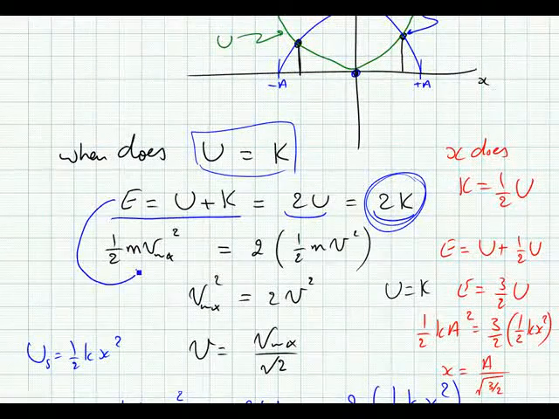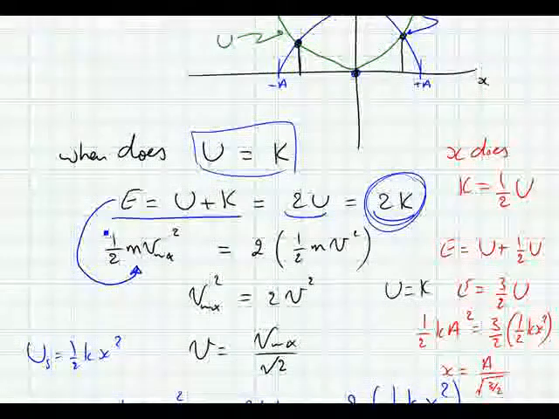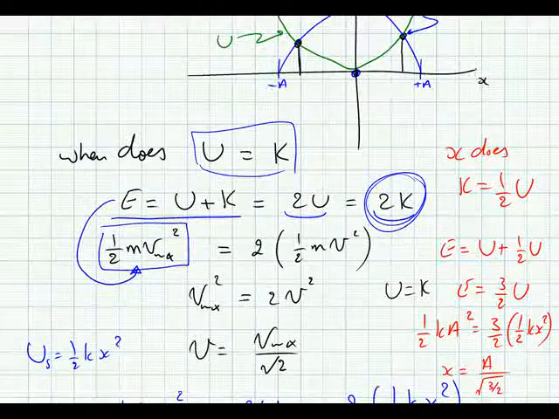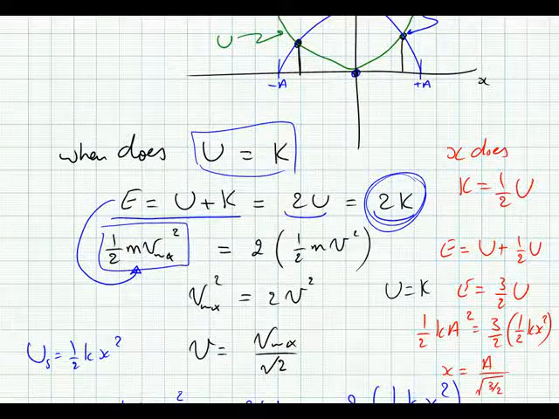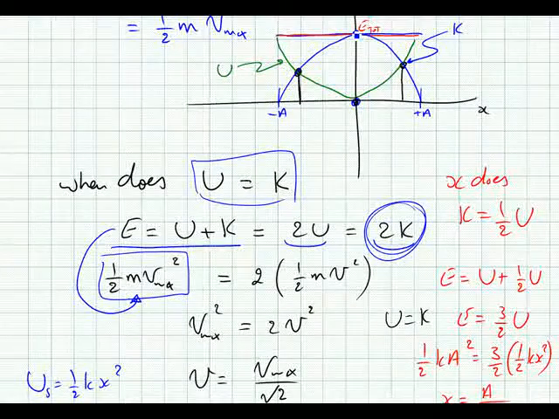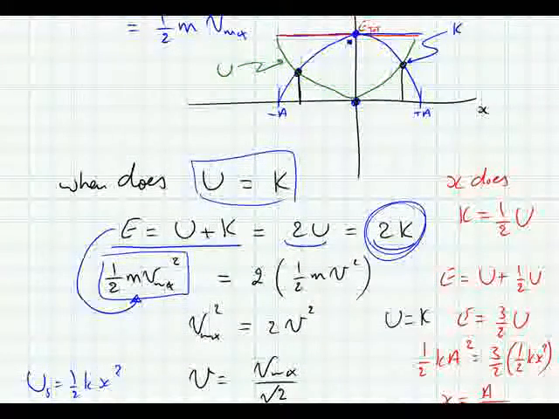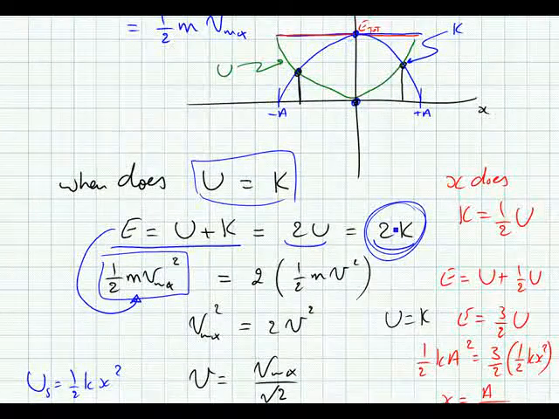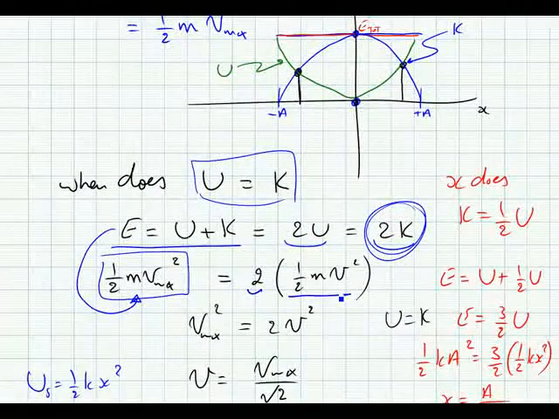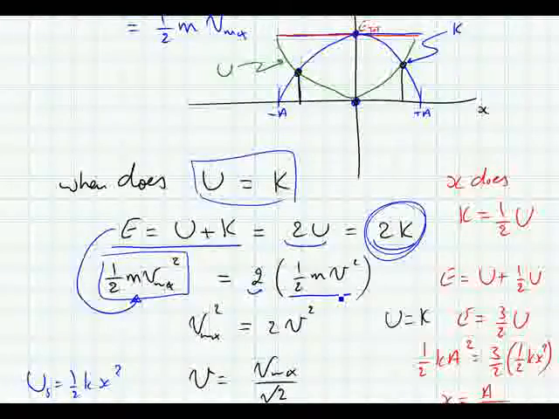We know that total energy is equal to 1/2 m v max squared. That's because in the curve that we had up here, total energy is the maximum kinetic energy that the object has. Now that's equal to 2K, and 2K is simply 2 times 1/2 m v squared.